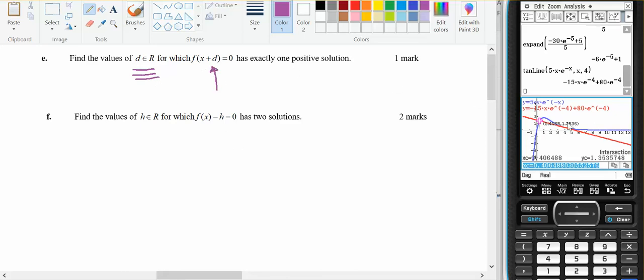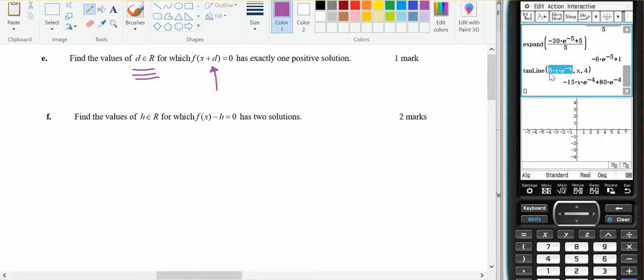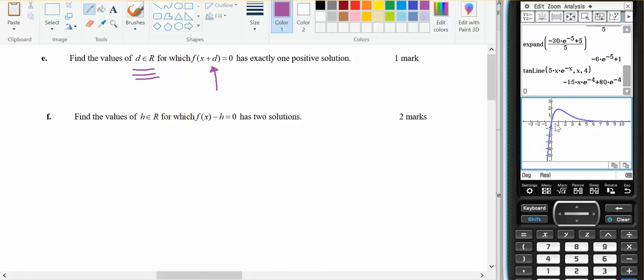has exactly 1. So I might just go and clear all, okay, grab my line again. So I've got an x-intercept of 0. So at the moment, when d equals 0, that hasn't moved anywhere, there is no positive solution.